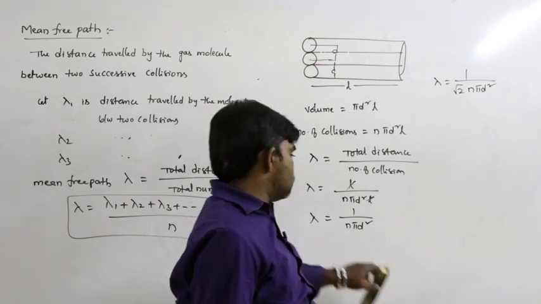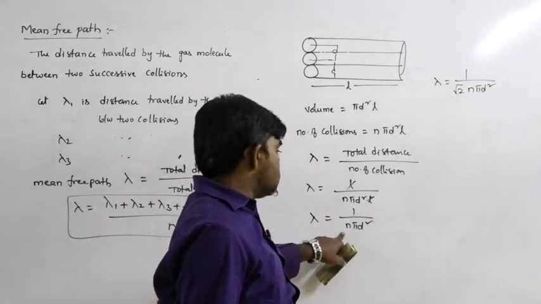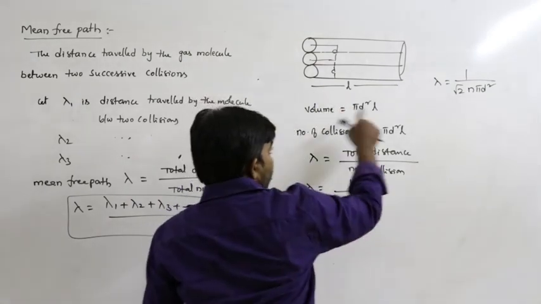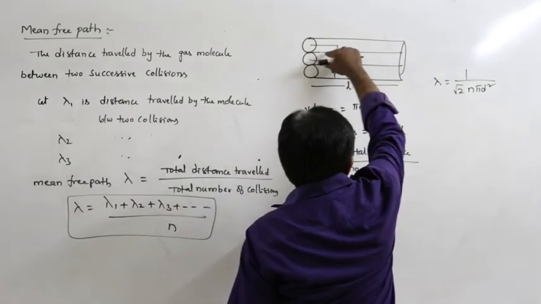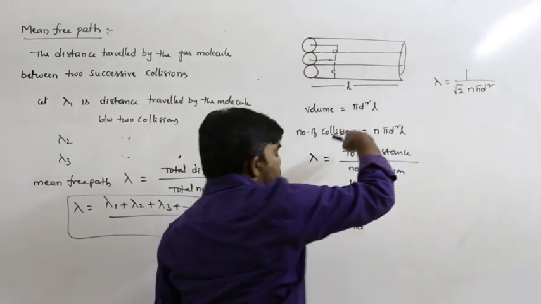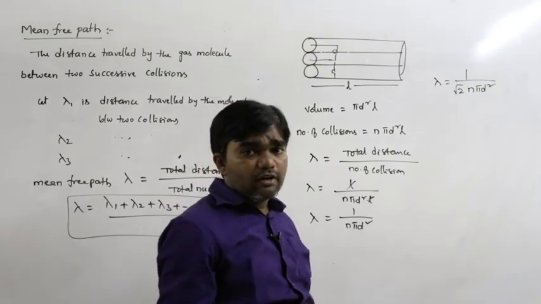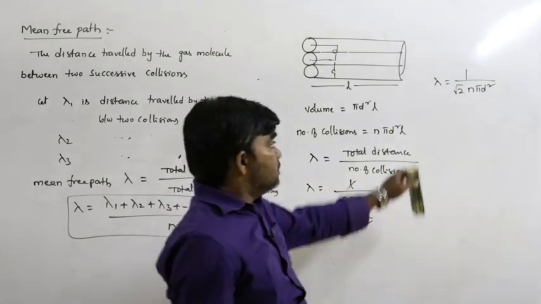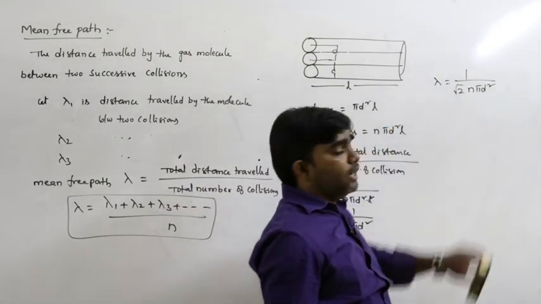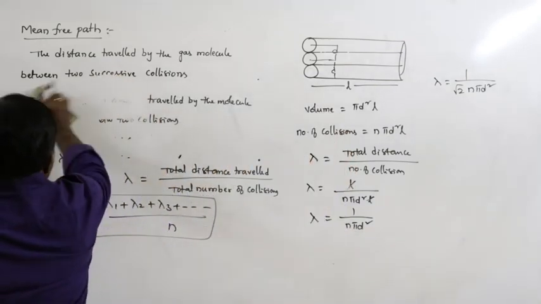But why am I considering root 2 here? This is only for one direction. It is traveling in different directions, so the number of collisions may increase or decrease. That's why lambda equals 1 by root 2 n pi d square here.